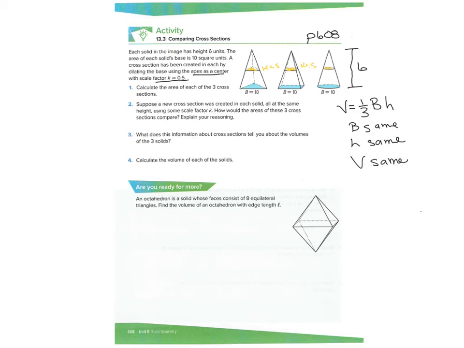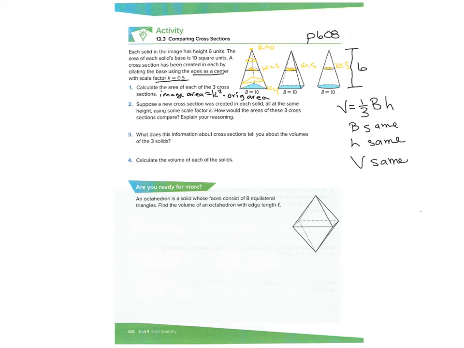Because remember, in each of these, I begin with my K equal to 1, and I have my cross sections all getting smaller and smaller up until my scale factor is 0, and I no longer have my base anymore. My triangle has gone to a point. So it says calculate the area of the 3 cross sections. To do that, I have to go back to earlier in our unit when we learned that the image area is equal to K squared times the original area.